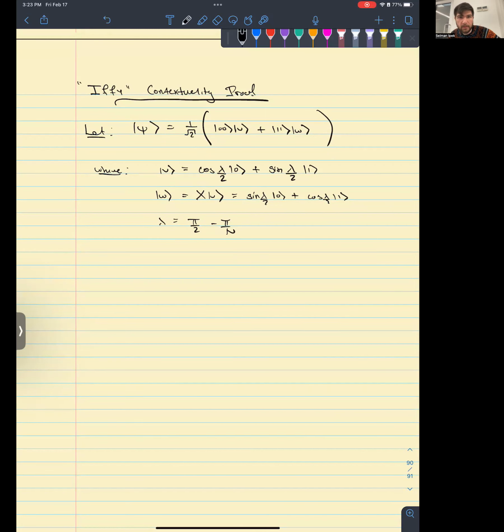For any even integer. Okay, so it does work. So n is any even integer. Very good.